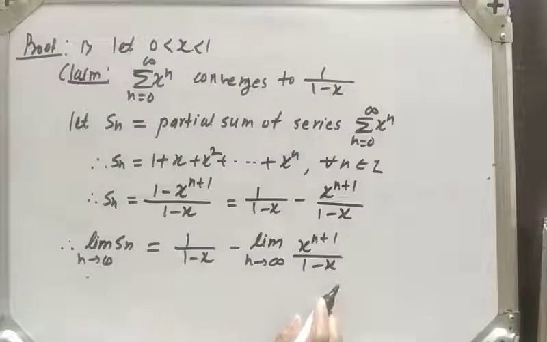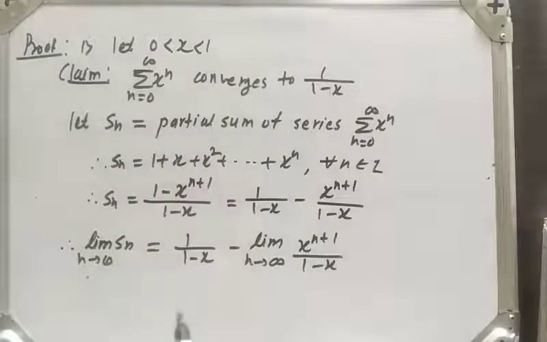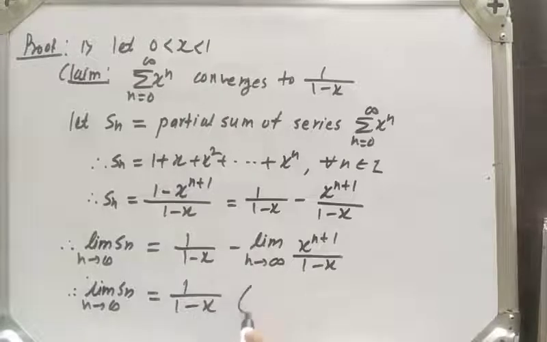Now we know that x is between 0 and 1, and we know that if x is between 0 and 1, then the limit of x raised to n plus 1 as n tends to infinity will be 0. So what will this be? Therefore the limit of S_n as n tends to infinity will be 1 upon 1 minus x. What is the reason?